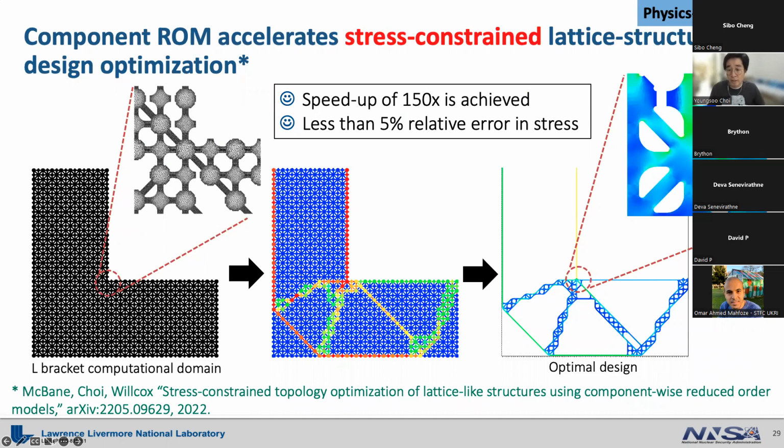This is quite an achievement because it is usually hard to obtain an accurate stress measure with surrogate models for lattice structures, such as homogenization-based methods or beam or truss-like structures. As you can see from this zoomed picture, the component-wise reduced model is able to bring high fidelity accuracy for stress quantity everywhere in the computational domain.